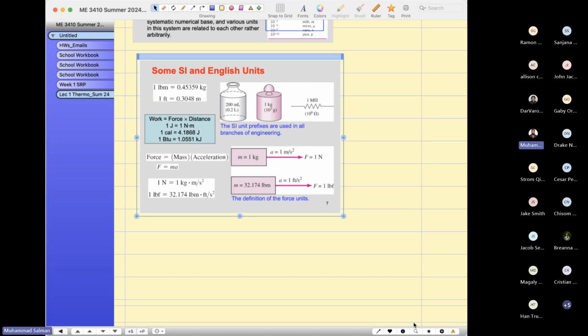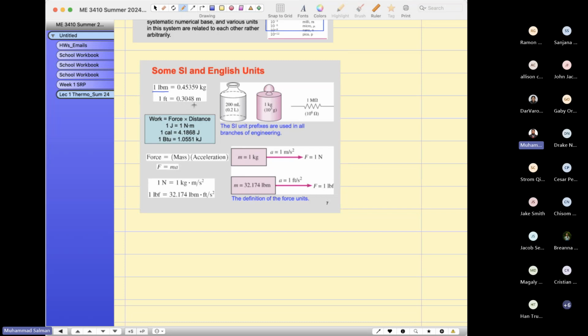Okay, look, 1 pound mass, which is lbm, is 0.454 kilograms, and 1 foot equals 0.305 meters. 1 joule is 1 newton meter. 1 calorie is 4.2 joules, I'm just rounding this off. 1 BTU is 1.055 kilojoules.